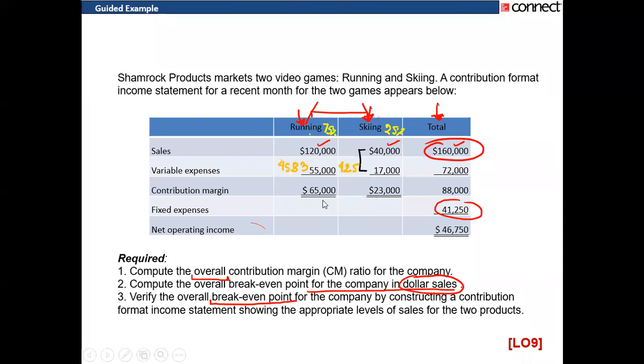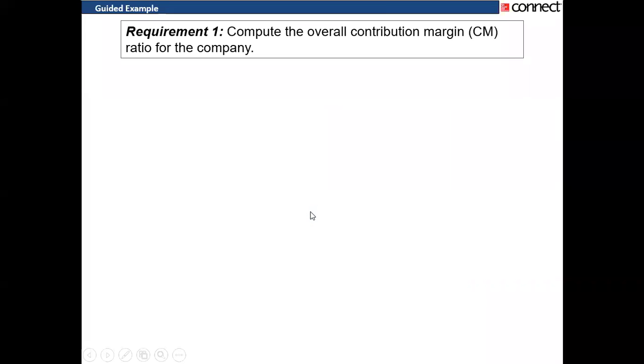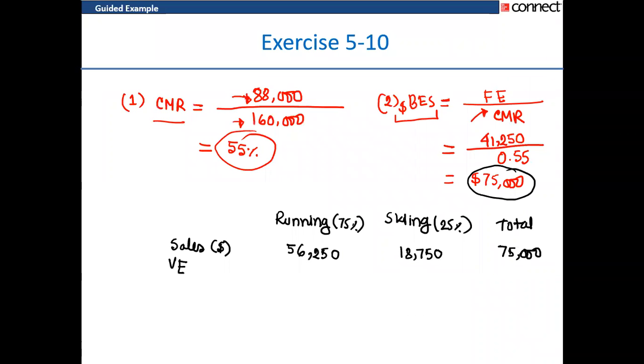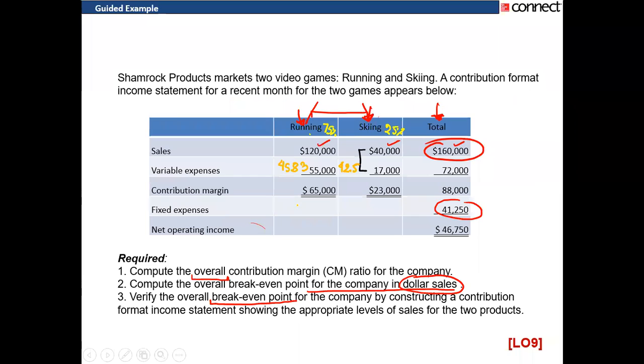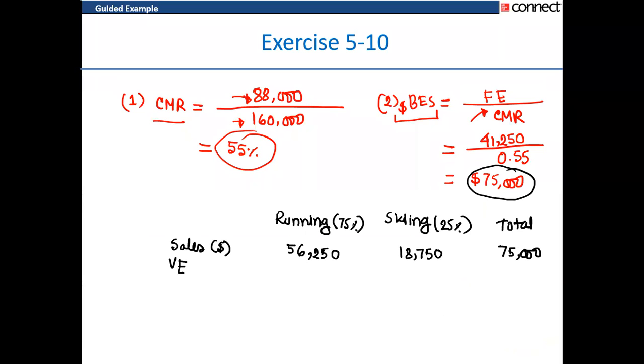Okay, we can now apply this. Here, we are saying the variable expense ratio is 45.83%.